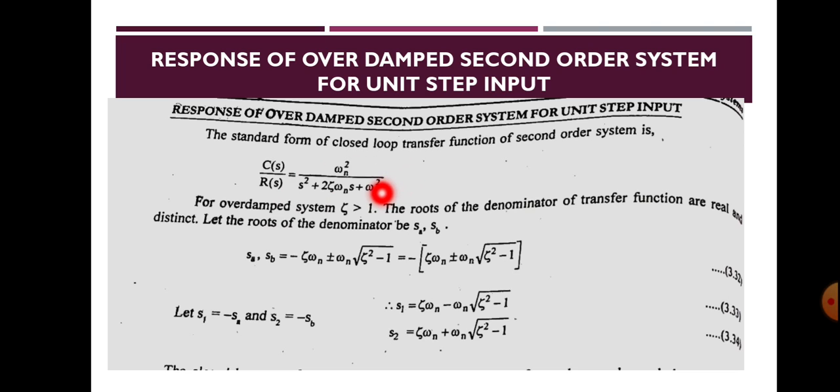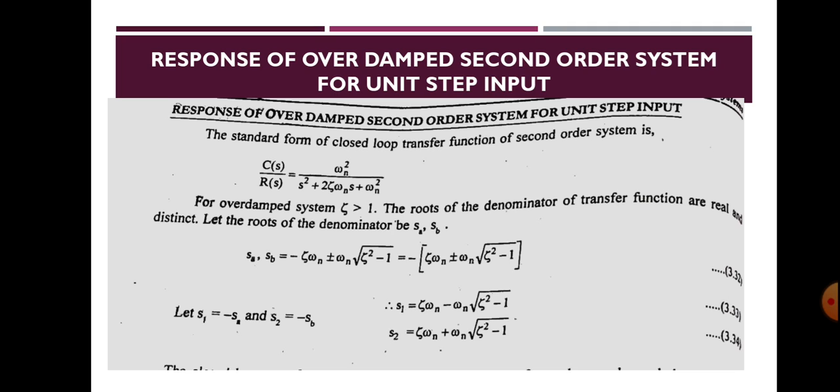That means if a s square plus b s plus c is the equation, then its roots can be found by the equation minus b plus or minus root of b square minus 4ac divided by 2a. That is the equation.